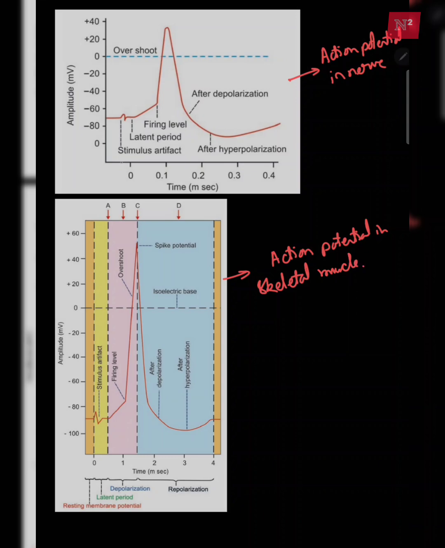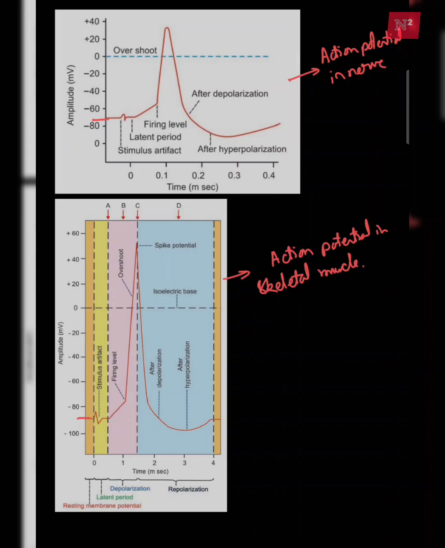Both of these show in the x-axis the time duration, and in the y-axis the amplitude of the potential in millivolt. The difference between these two, although it looks the same, is basically in the resting membrane potential, the levels at which it achieves the firing level or threshold level, and the depolarization.